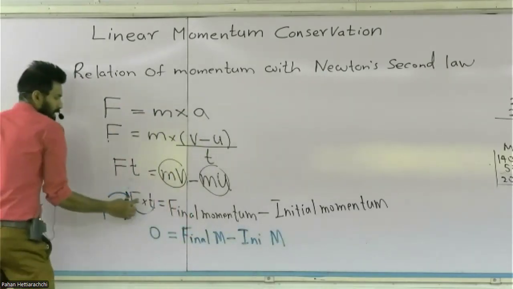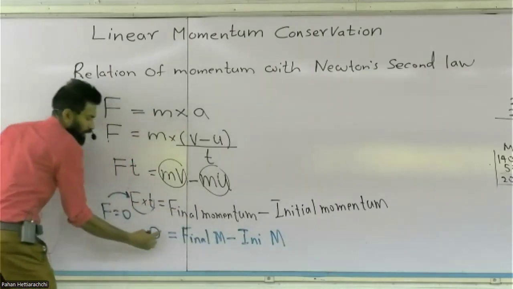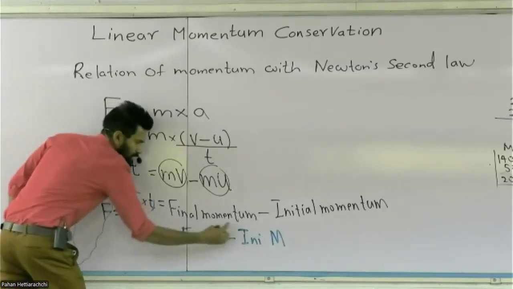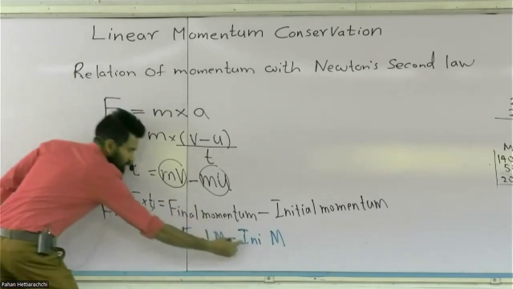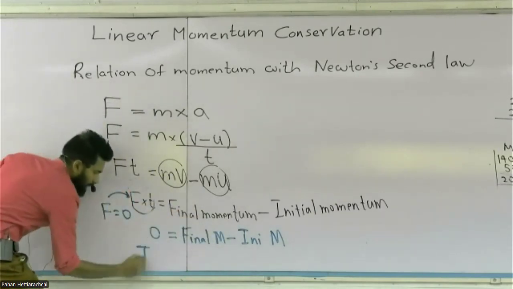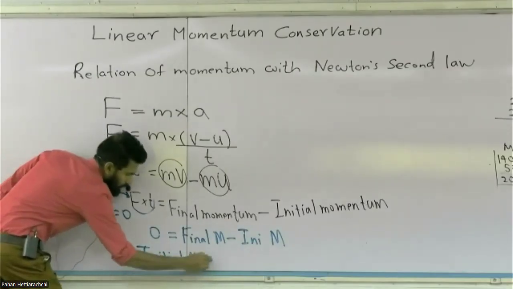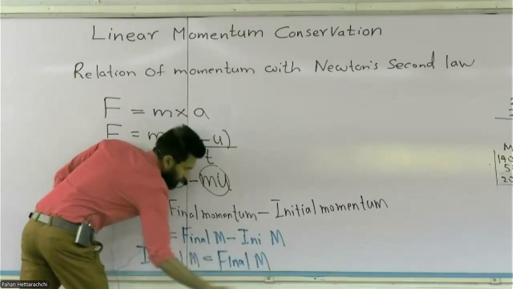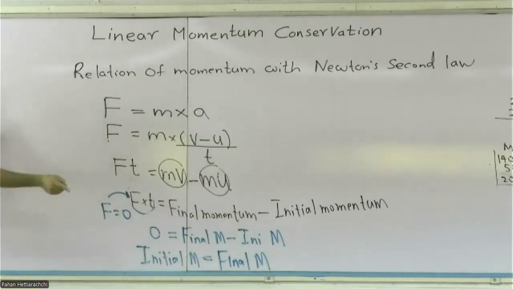If the force is zero, the momentum difference will be zero. Take this to the left side: initial momentum is equal to final momentum. That is what I am going to show you now.